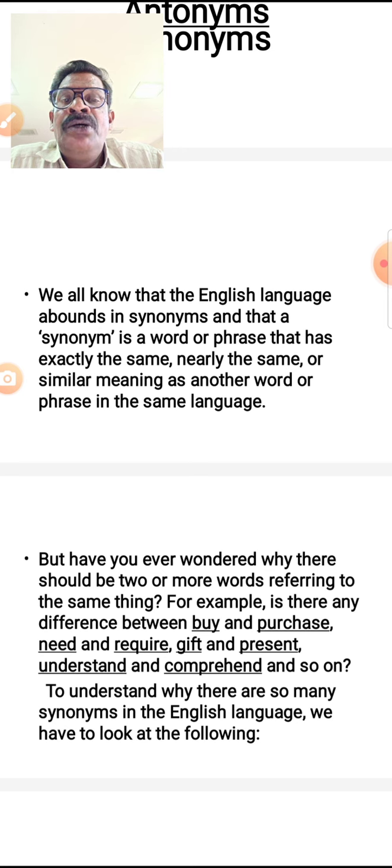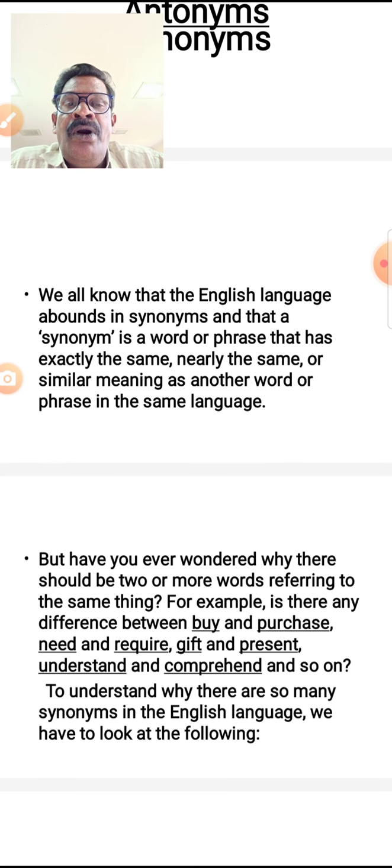What is the meaning of synonym? A synonym is a word or a phrase that has exactly the same meaning or nearly the same meaning or similar meaning. Right, this is the definition of synonym.